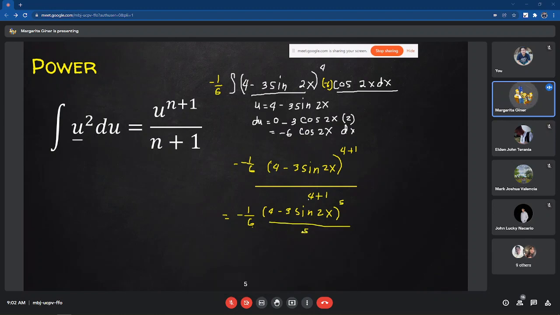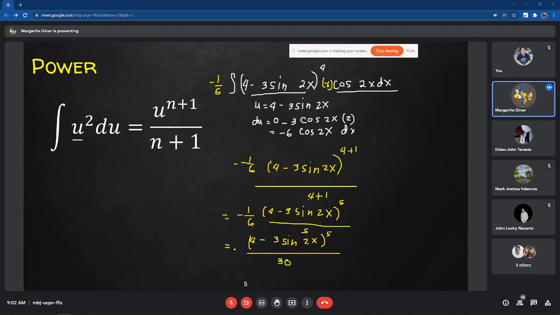So, para sila sa denominator, pwede mo na siya ma-multiply. So, your answer will be equal to 4 minus 3 sine 2x, okay, raised to the 5th. And then divide it by 6 times 5 is equals to 30.